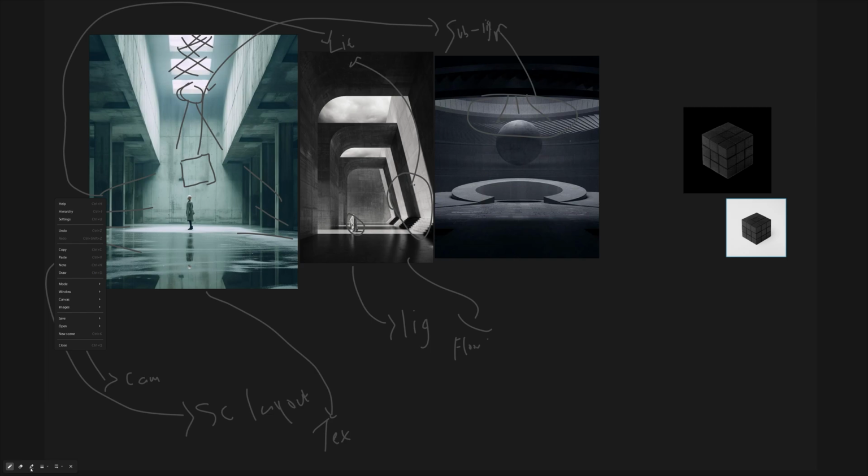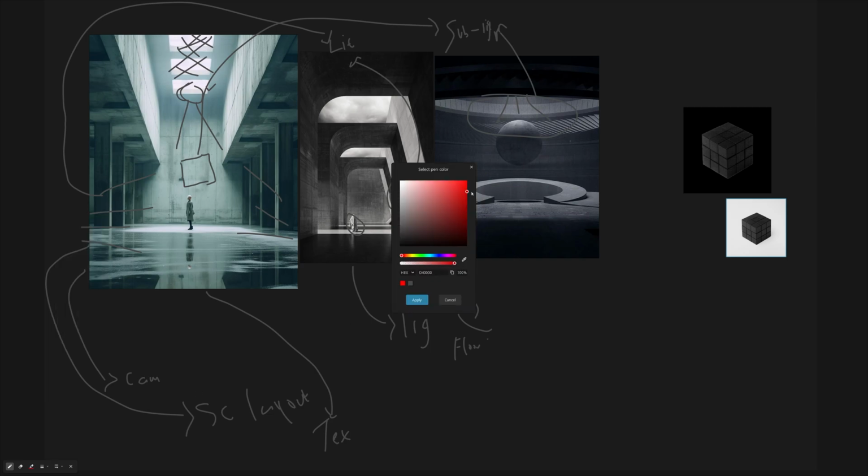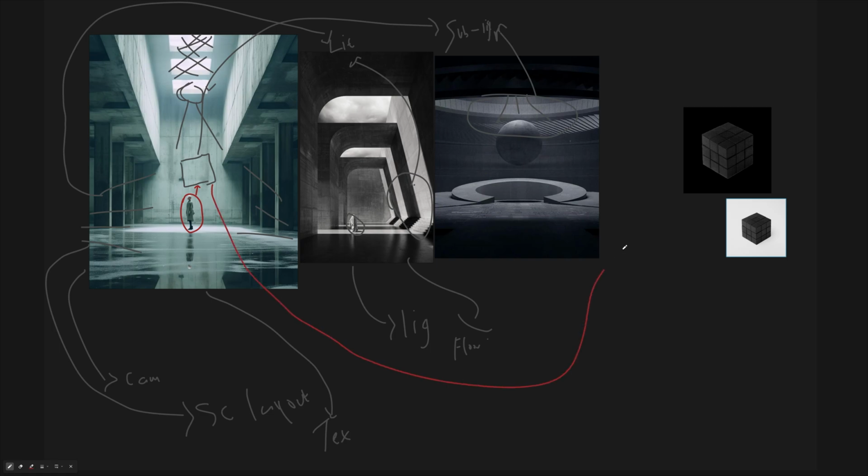Okay, I can just come here, change the color of my draw to red, maybe, and I'm just going to draw this and then link this to this, and then drag this to here, right? Just to remember that this is my subject, and yes, basically we have our reference board.